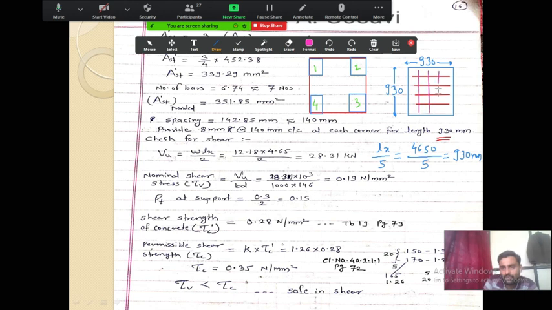This is your torsional reinforcement. So this length is 930. I hope it is clear to you.